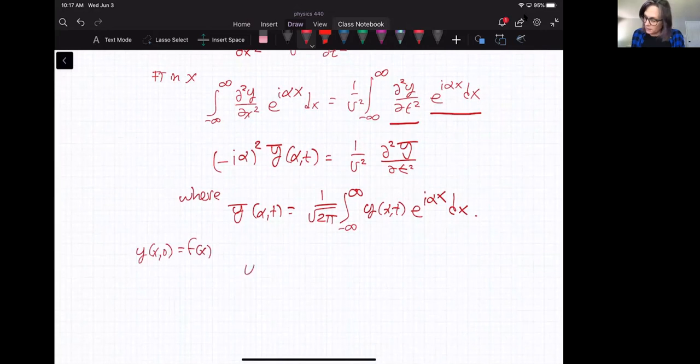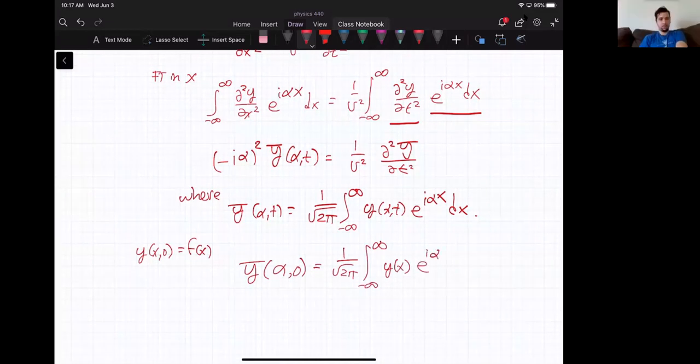That means that capital Y of alpha 0 is equal to 1 over root 2 pi times the integral from minus infinity to infinity of y of x e to the I alpha x dx, which is equal to, we'll call f of alpha, our Fourier transform.